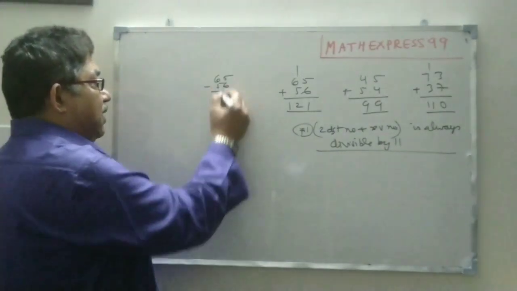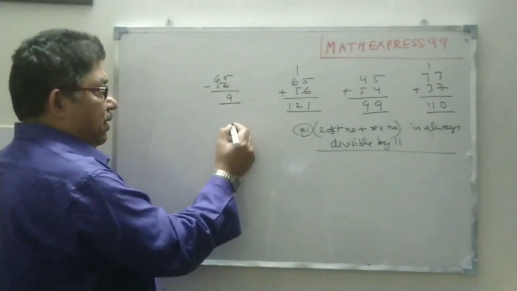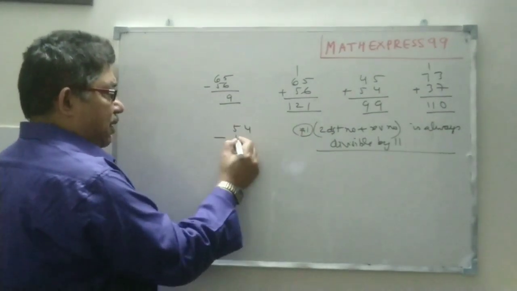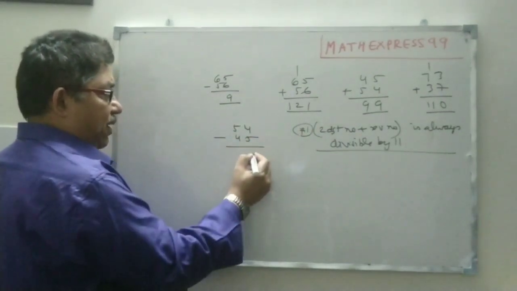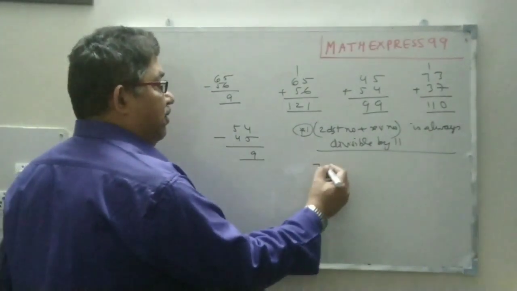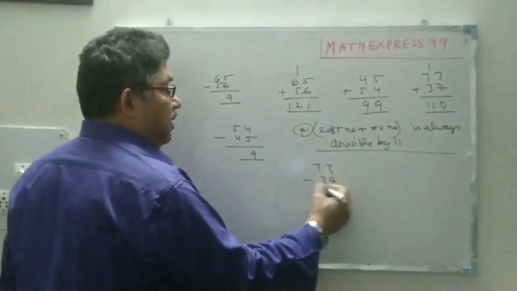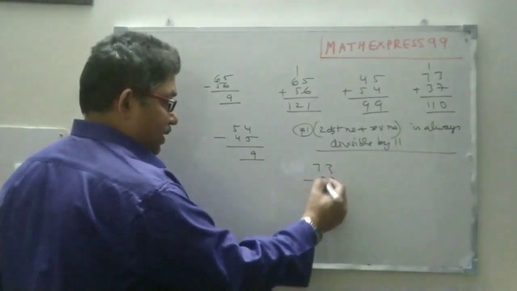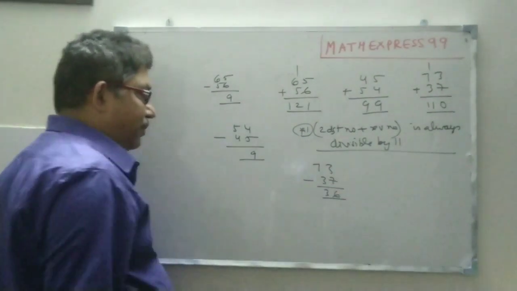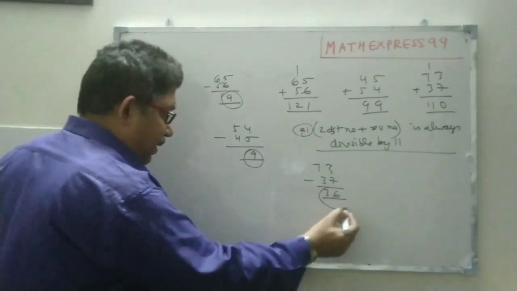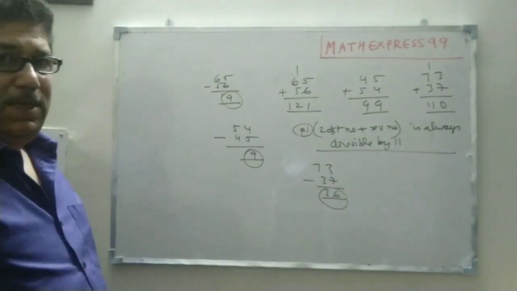So 56, you get 9. Now suppose I take the number 54. Then the reverse number is 45, and the difference is 9. I take the number 73. The reverse number is 37. So 73 minus 37 gives 36. This was divisible by 9, this was divisible by 9, this is also divisible by 9.